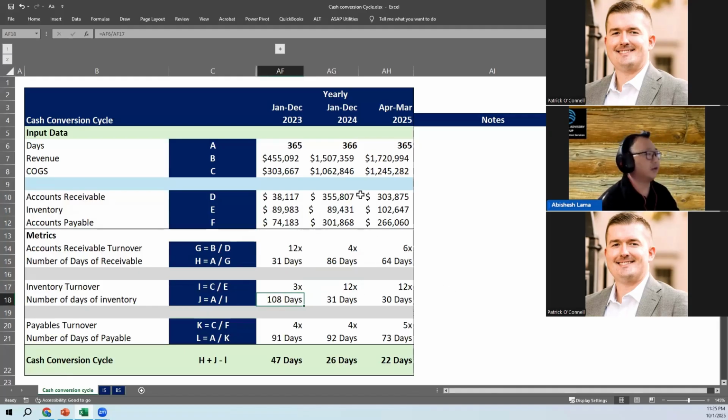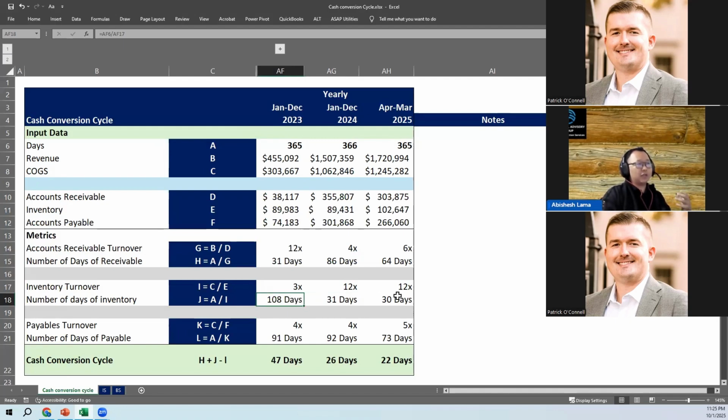Now to come to days inventory outstanding, the inventory days, what you would do is divide 365 by the inventory turnover multiple. So 365 divided by 3x is 108 days. This is a relatively very long period to hold inventory.